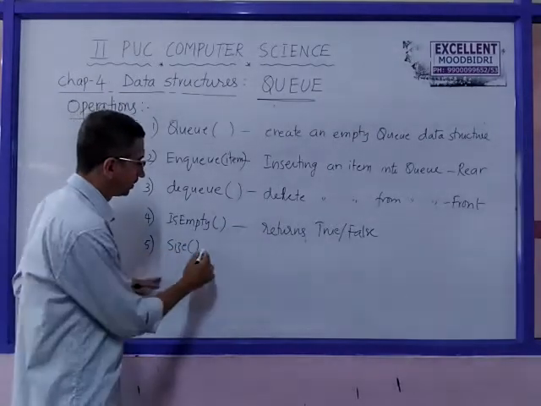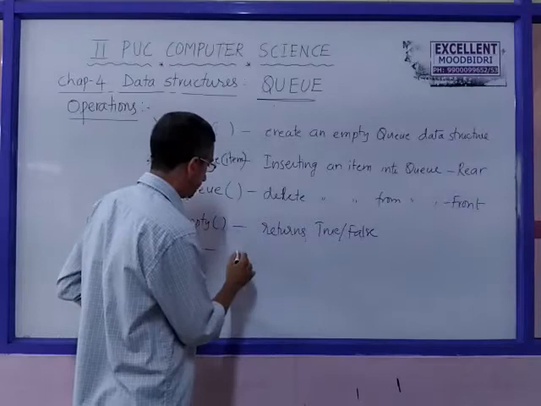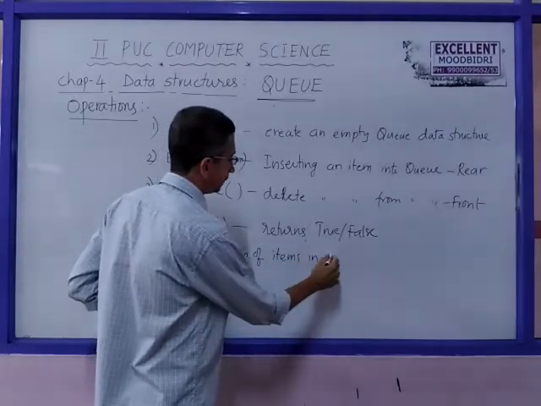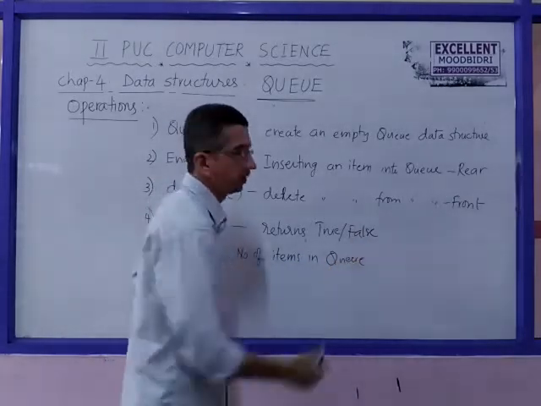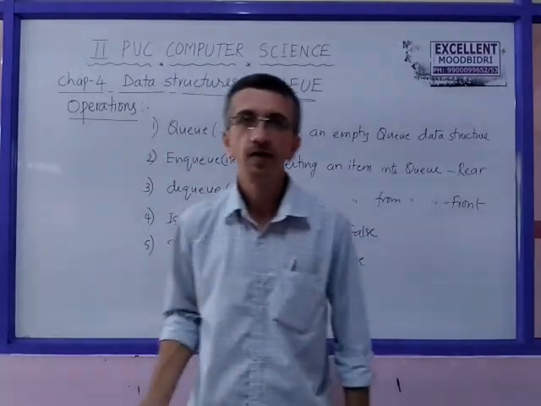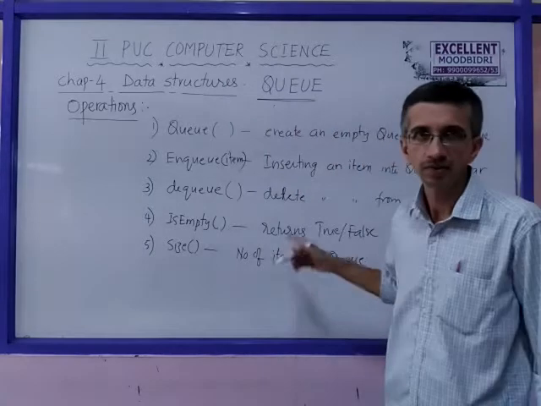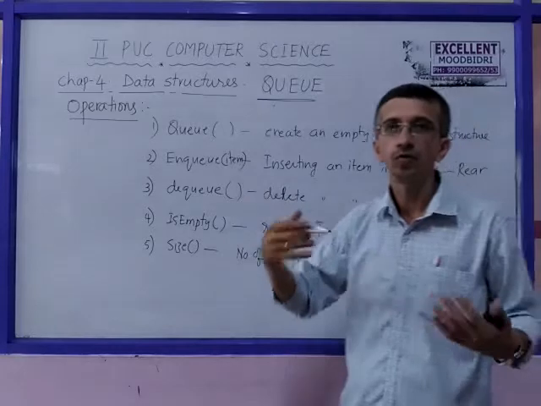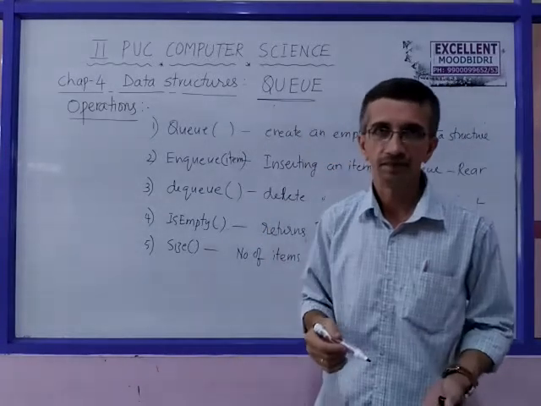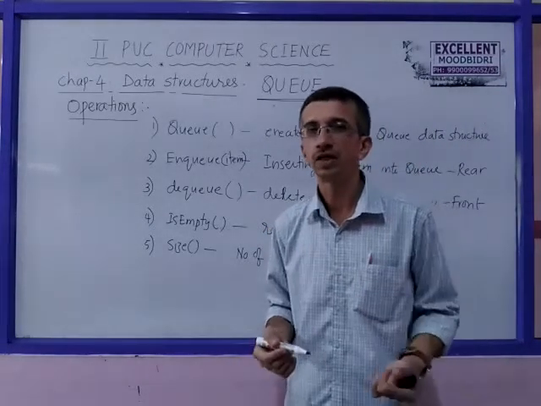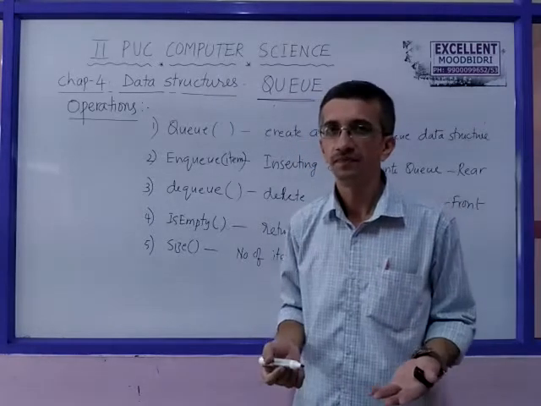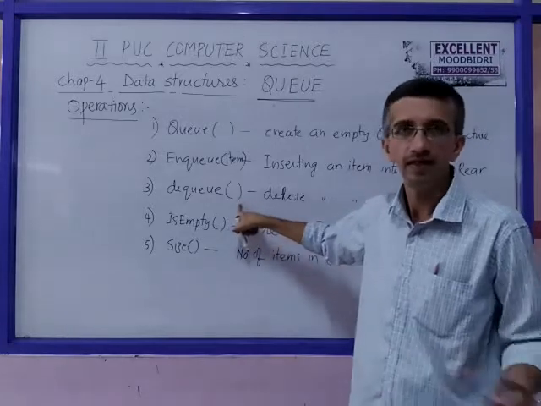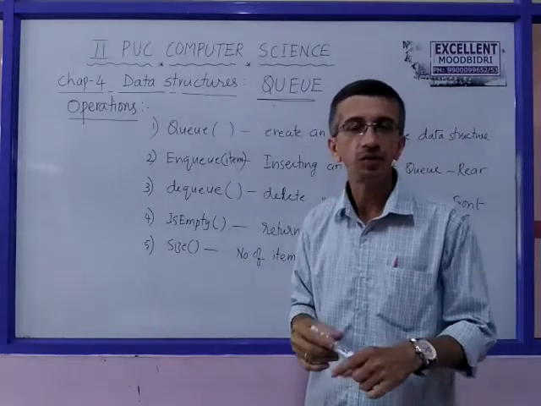The size operation is to return the number of items in the queue at any point of time. When you call this function, it will return the number of items present in the queue. Now isEmpty, as I told, is usually used before any operation. Whenever you are about to insert into the queue, you first check whether the queue is full, and when you have to dequeue, if it is empty, you cannot delete, correct?